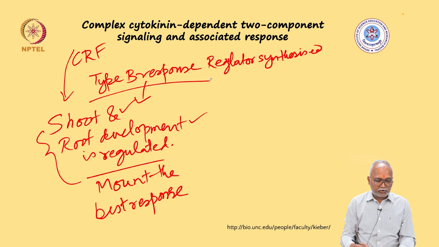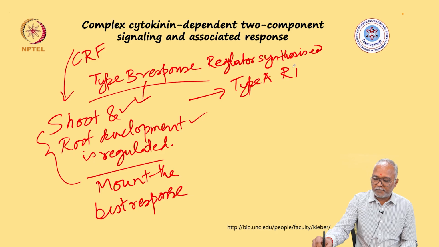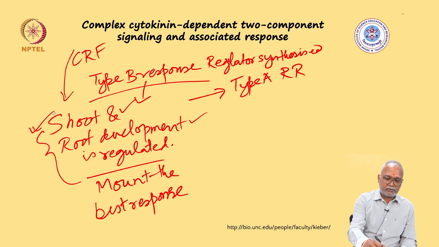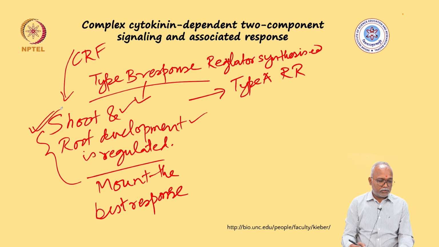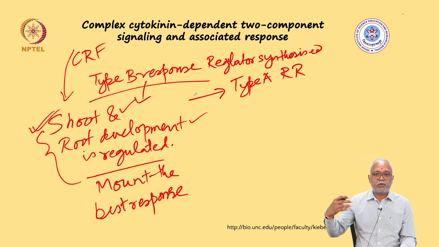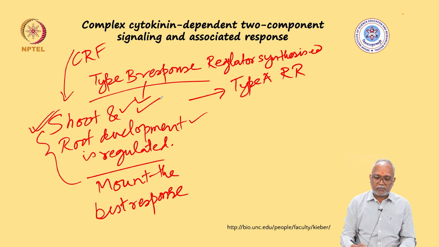Further, they actually work through type A response regulator. Before I come to type A response regulator, I will just elaborate gently what happens here in the root and shoot development. The type B response regulators which are generated will probably allow more transcription of desired genes, which will promote the shoot development in the right set of tissue.